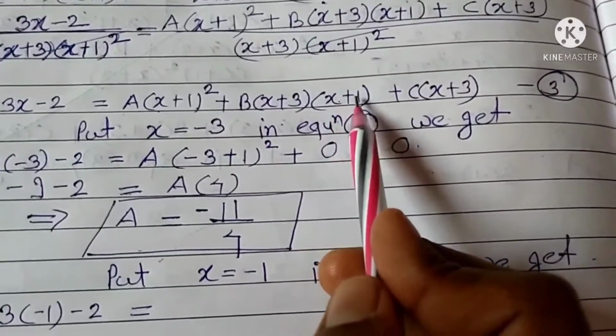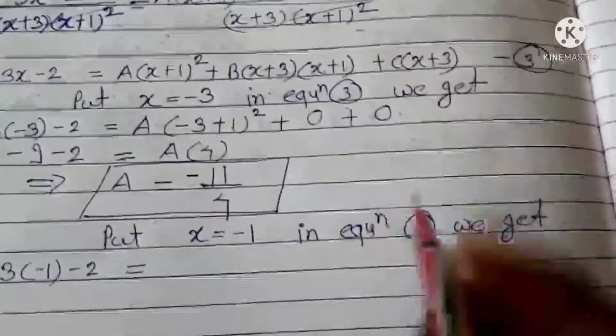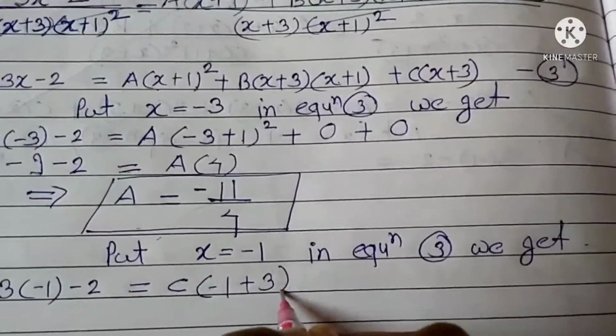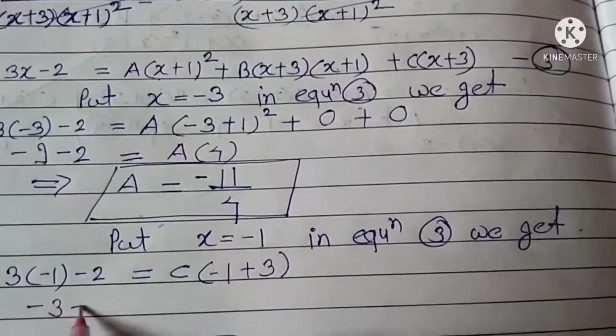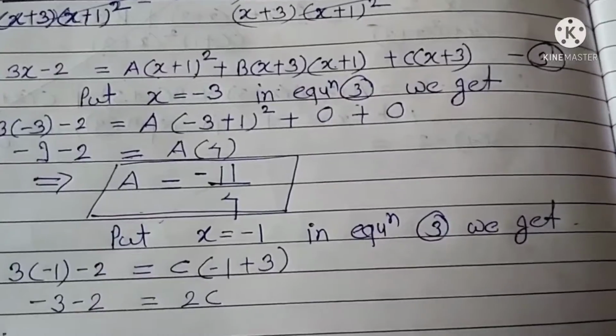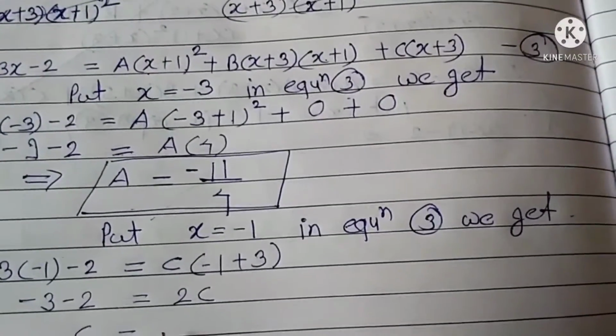Here also minus 1 plus 1 gets cancelled, so b is also cancelled. So we get only the term c into minus 1 plus 3. So this is minus 3 minus 2, which is equal to 2c. And therefore c is equal to minus 5 upon 2.